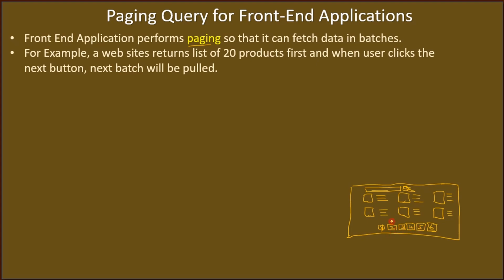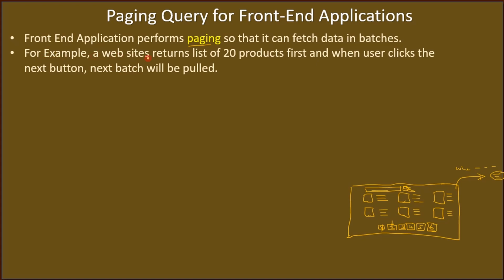For example, if a user clicks the second page, only then will it hit the database, and the front end will supply the ID range for the next page, and the front end will form a where condition, and based on the where condition it sends a second request to the database, which will send the second set of data. This is what is called pagination, and that's what we are talking about here.